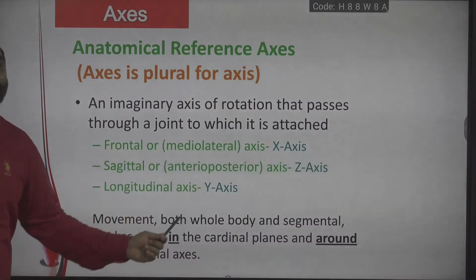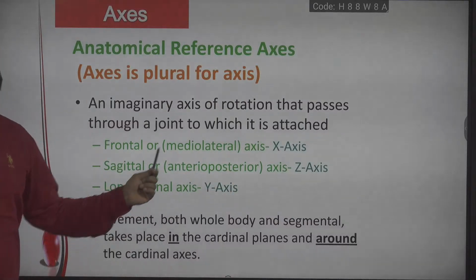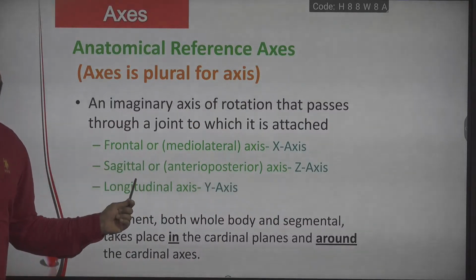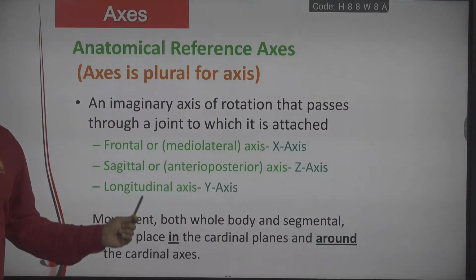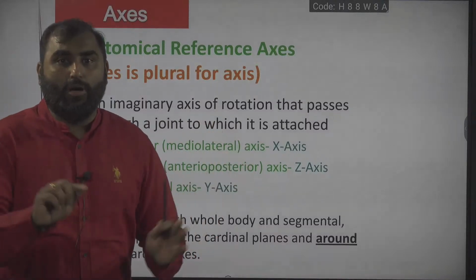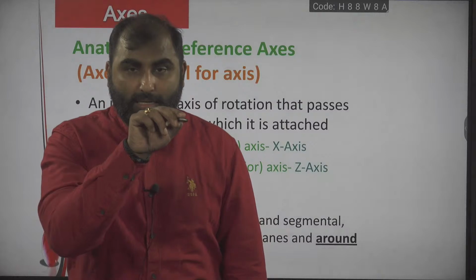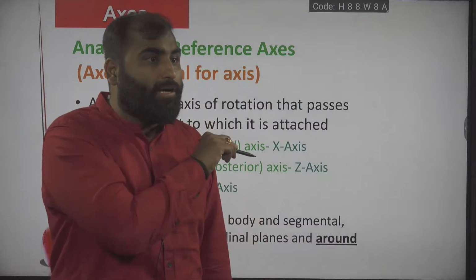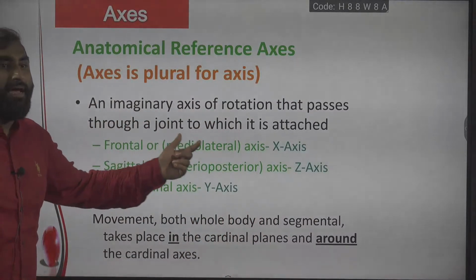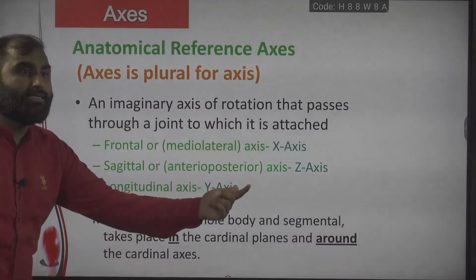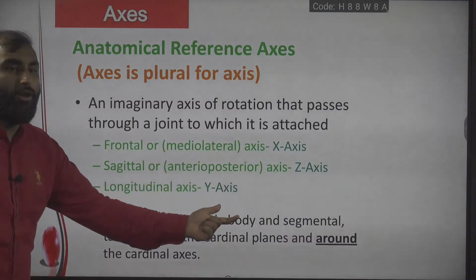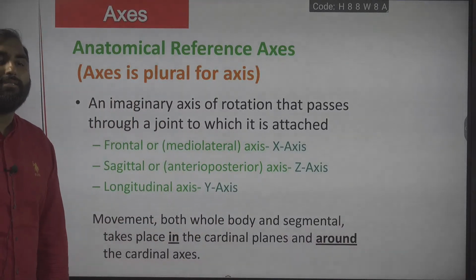So we have three axes. X-axis is frontal axis, Z-axis is the sagittal axis, and Y-axis is the longitudinal axis. So how will you write? You will quickly draw the XYZ axes. Y, X and Z you will draw and quickly name them. X-axis is frontal axis, Z-axis is sagittal, and longitudinal is Y-axis.